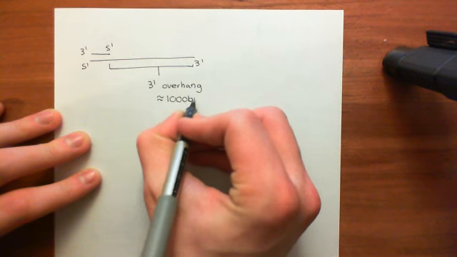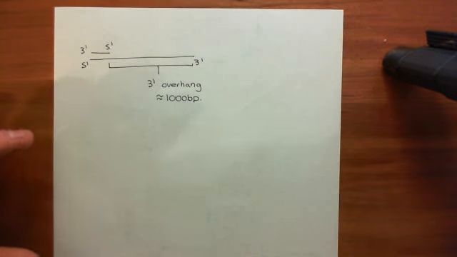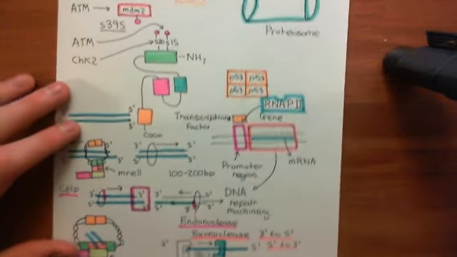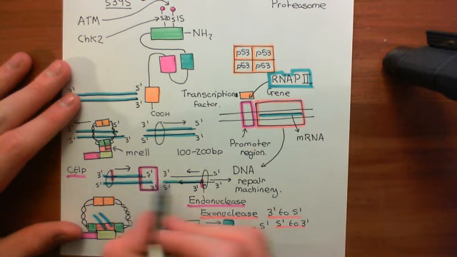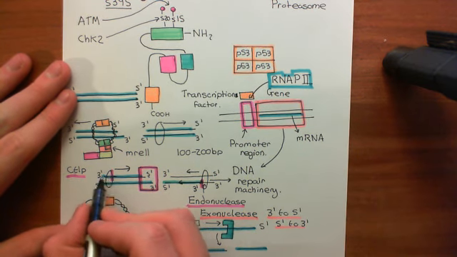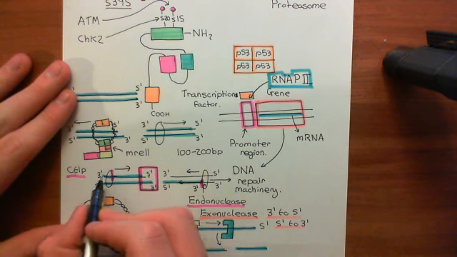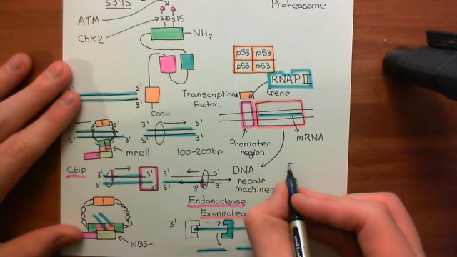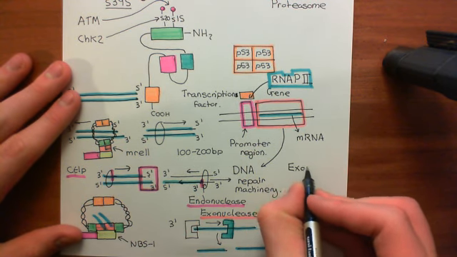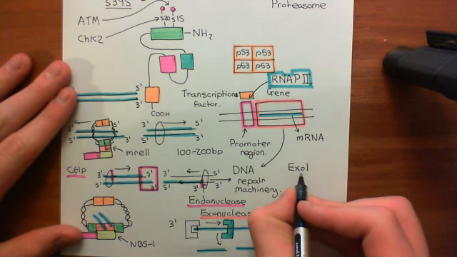And remember, that's why it's important to understand that not only does MRN work its way this way, but also 5' to 3' exonucleases are working this way. A good example of one of those 5' to 3' exonucleases is Exo1.